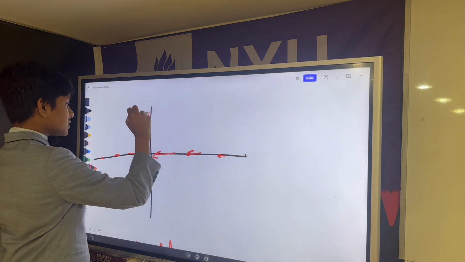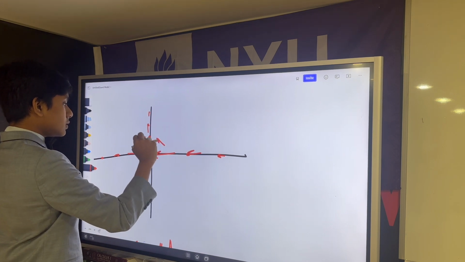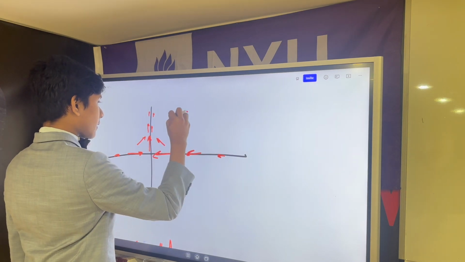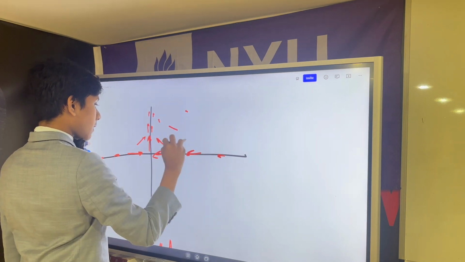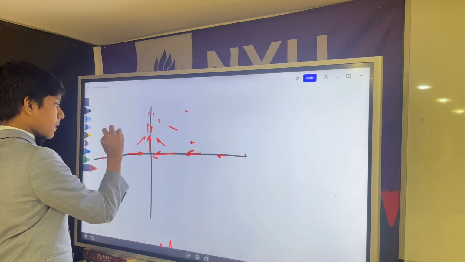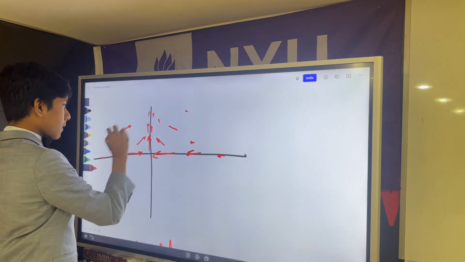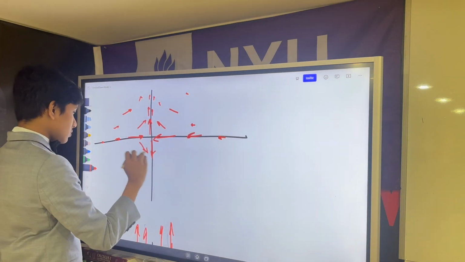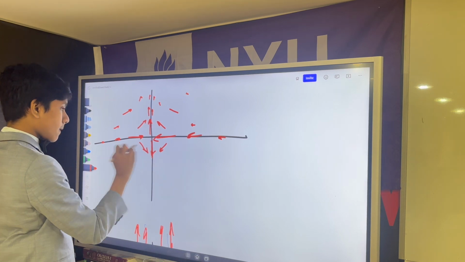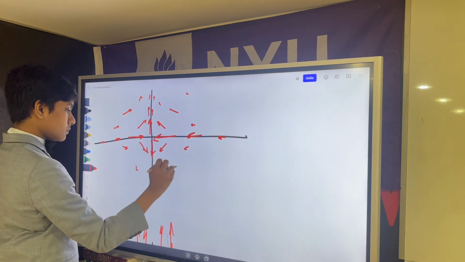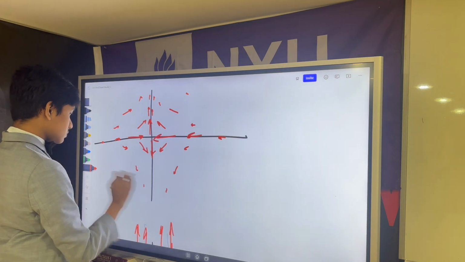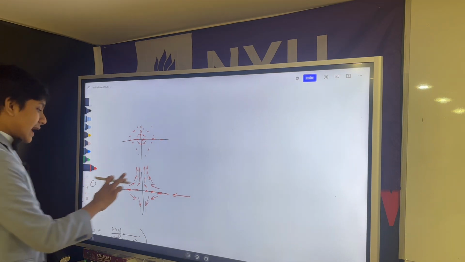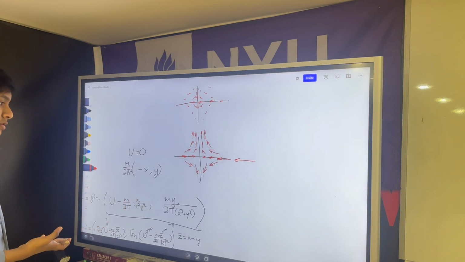This is going to be even smaller. It's overall a pretty quiet field once you leave the origin. Yeah, something like this.